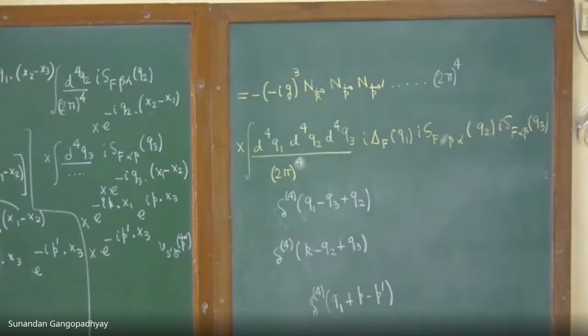So one is q2 minus q3 plus q1. What did I get? q2 plus q1 minus q3. So that is correct. I got p plus p prime plus q1. Okay, q2 minus q3 is k. Anyway, one of the signs I did not get correctly.